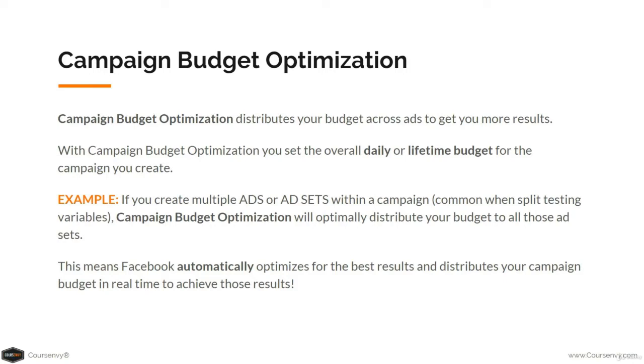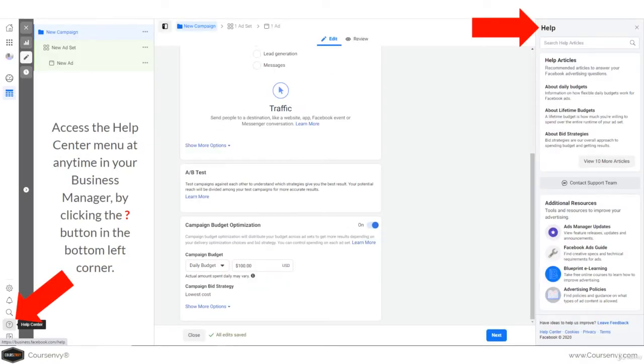For example, if you create multiple ads or ad sets within this campaign, this is common when split testing variables, campaign budget optimization will optimally distribute your budget to all of these ads. This means Facebook automatically optimizes for the best results and distributes your campaign budget in real time to achieve those results.